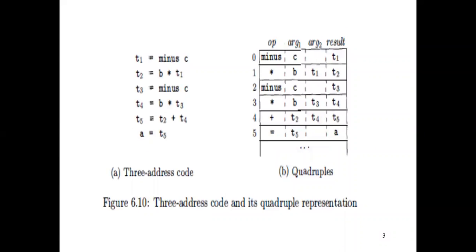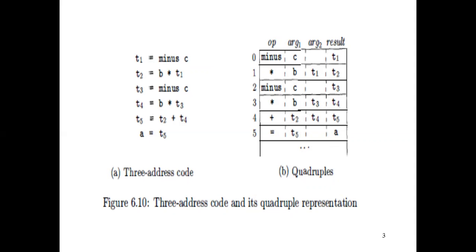Now you can see here the three address code can be represented with the help of quadruples or triples. So there are two methods to represent the three address code. Why are we writing the three address code? Because we want to generate the intermediate codes.